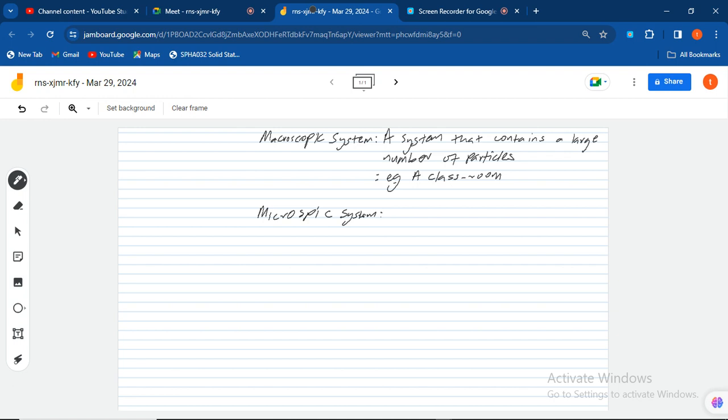Now, when we talk of this microscopic, we are going to talk of the properties of each particle in the macroscopic system.